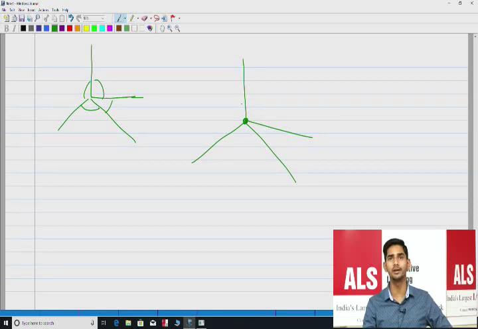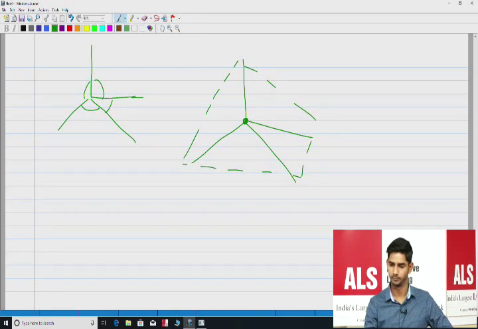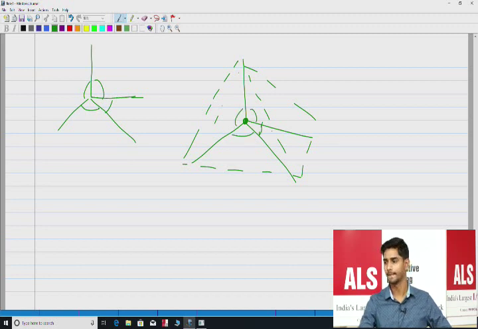Have you ever seen the tetrahedral? What is the bond angle in the tetrahedral? What is theta in the tetrahedral case? Can anyone please tell me?